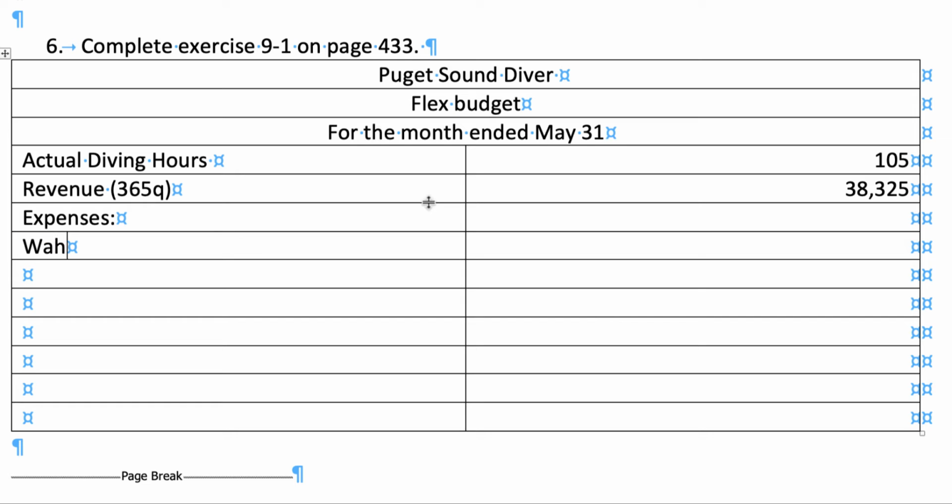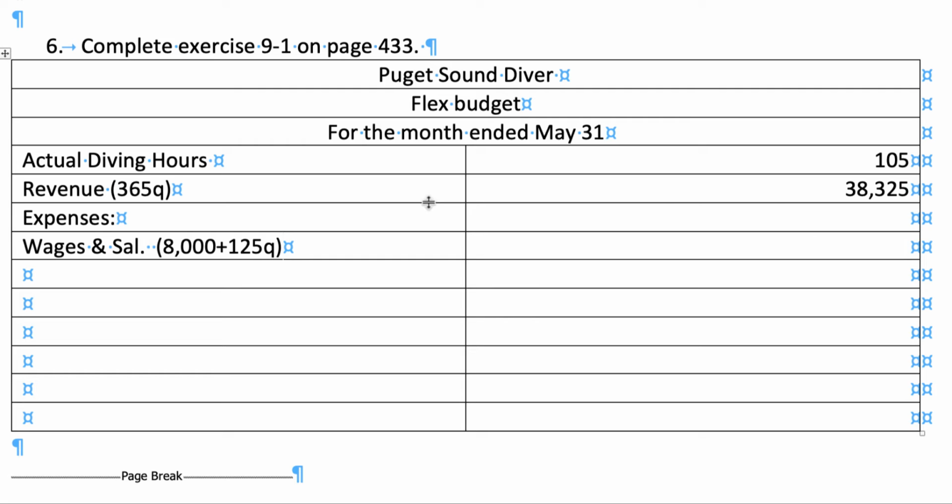So the first thing we're going to do is our wages and salaries, and I'm just going to abbreviate. We need to know what our cost formula is. It gives it to us right in the book. It's 8,000 plus $125 Q. The 8,000 is the fixed portion of this cost.